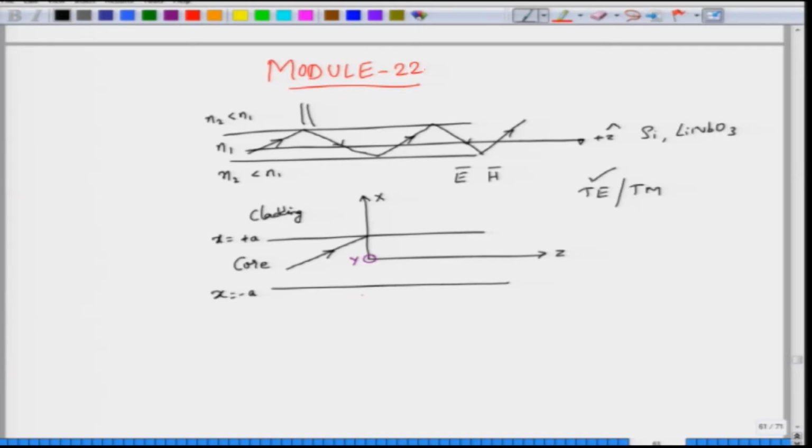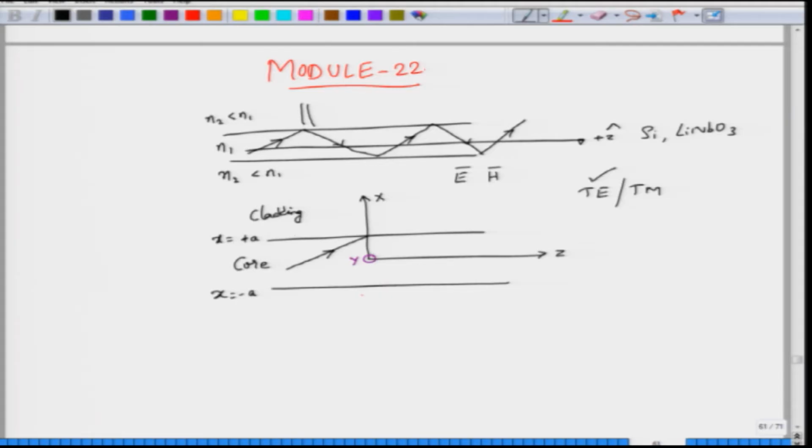Accordingly, the core width in our case is 2a, where a is the half core width. To summarize, we are going to deal with transverse electric polarized light. So far we have not said anything about the form or solutions of the electric and magnetic fields in this scenario, and we have assumed a symmetric slab waveguide.